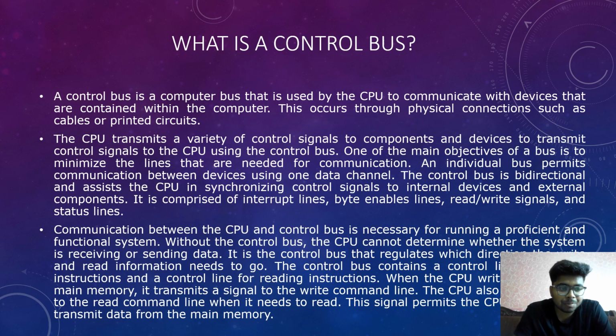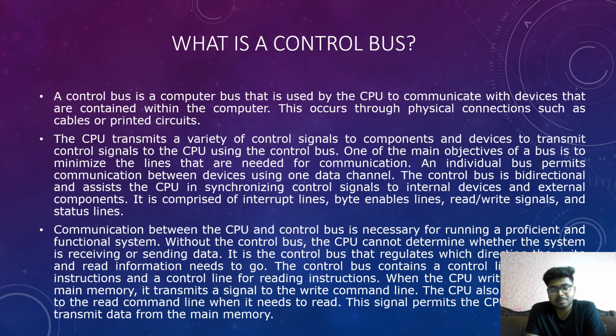What is a control bus? A control bus is a computer bus that is used by the CPU to communicate with devices that are contained within the computer. This occurs through physical connections such as cables or printed circuits.